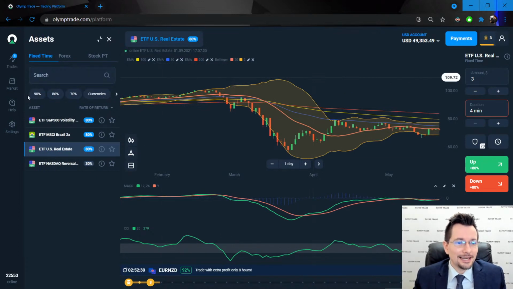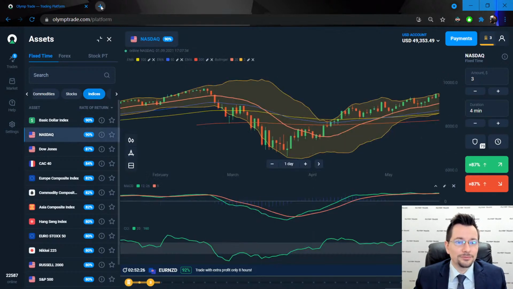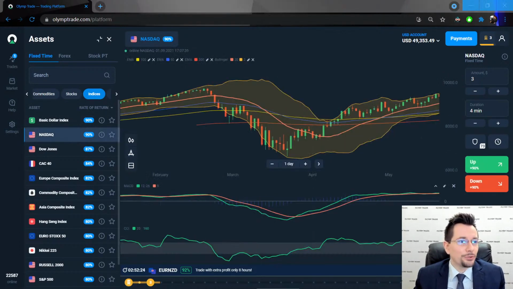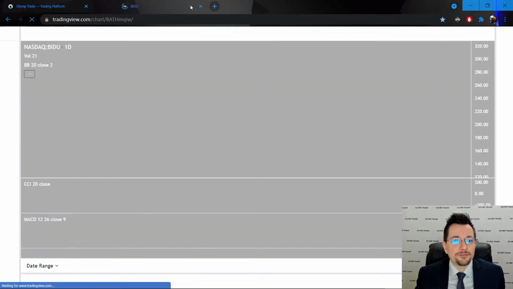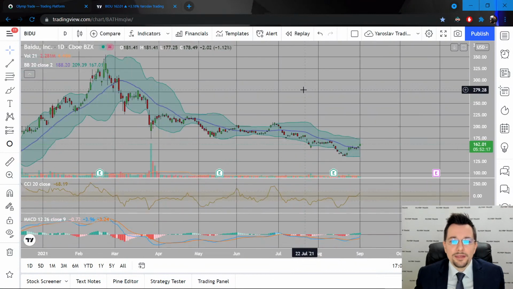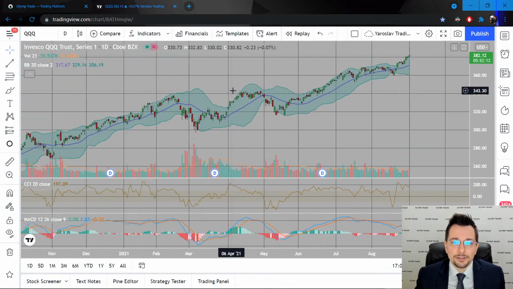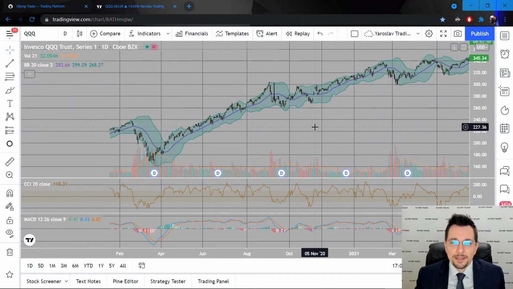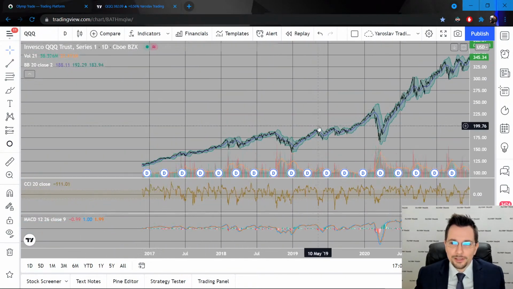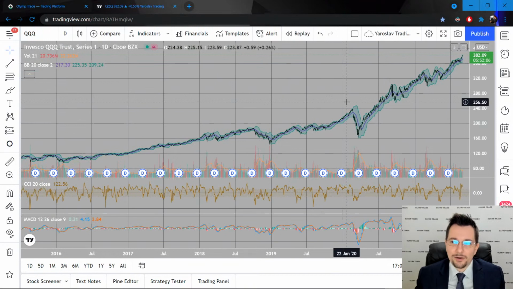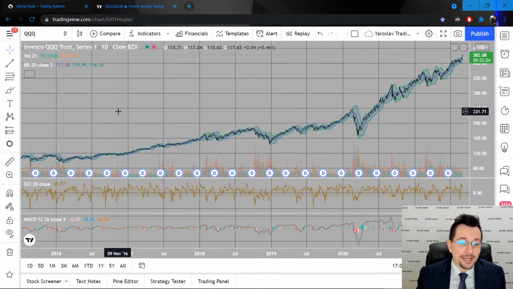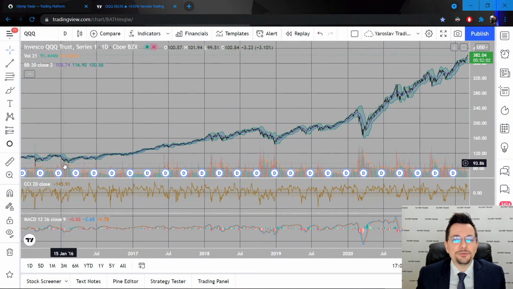I'm going to show you a live comparison. The Nasdaq index is the triple Q. So this is the Nasdaq here, and just to show you how incredible the gains could have been, let's take it back to 2016.